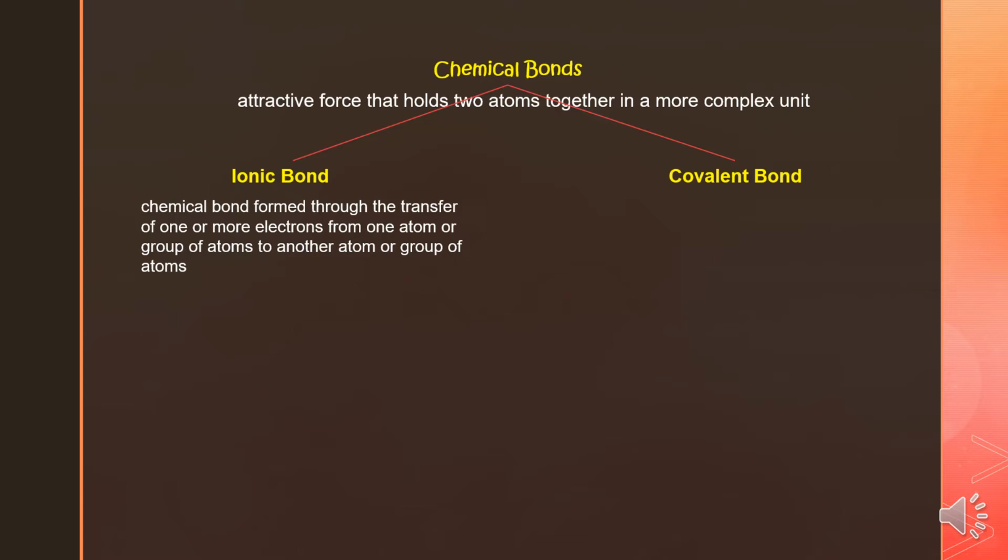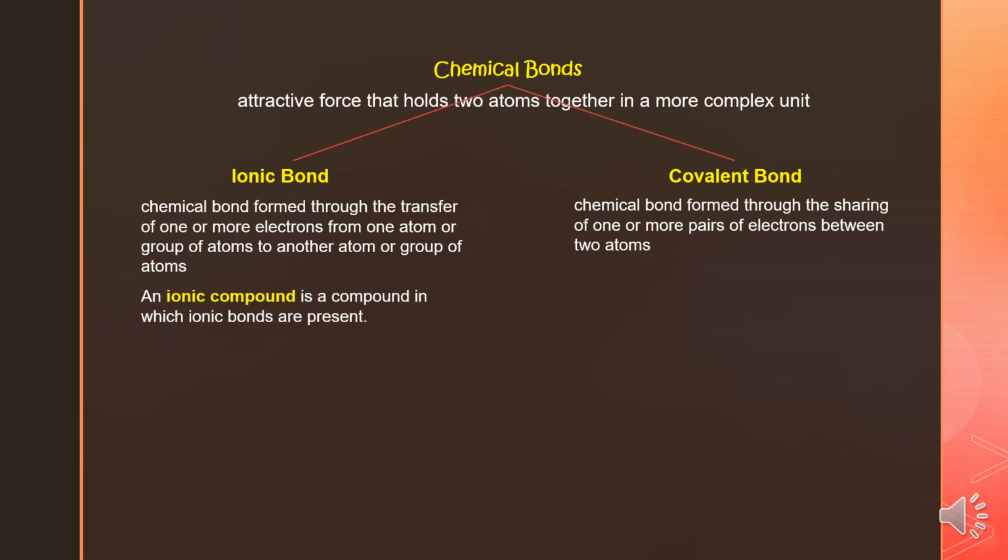As its name suggests, the ionic bond model, which is electron transfer, is used in describing the attractive forces in ionic compounds. So an ionic compound, therefore, is a compound in which ionic bonds are present. Okay?